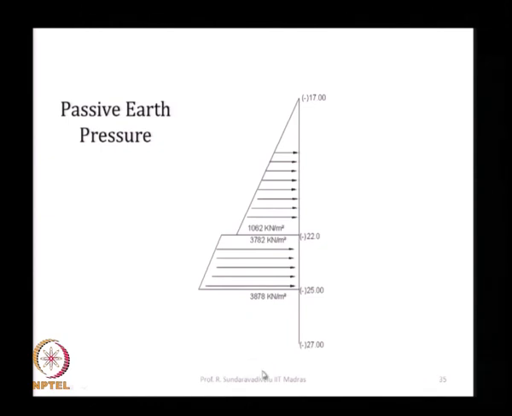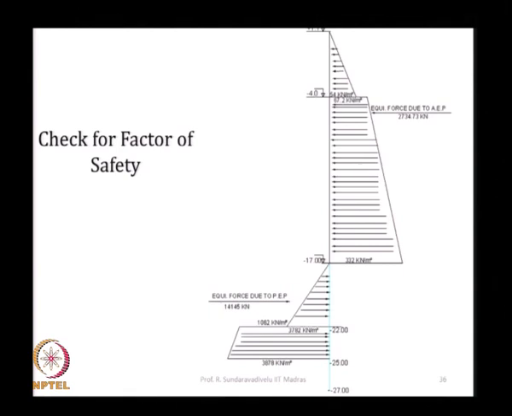So, we have provided minus 27. So, with this the factor of safety comes to about, passive earth pressure is 14,145, this is 27,34, it is more than 5 I think.